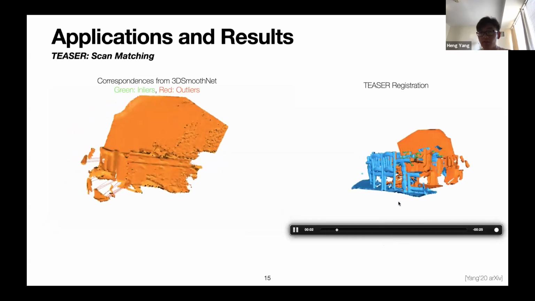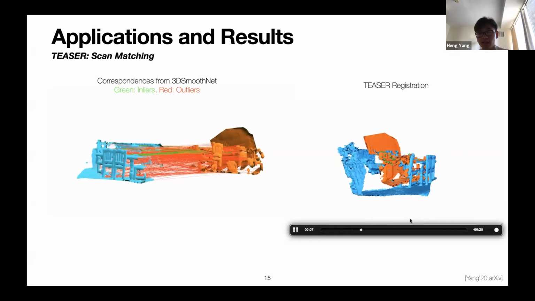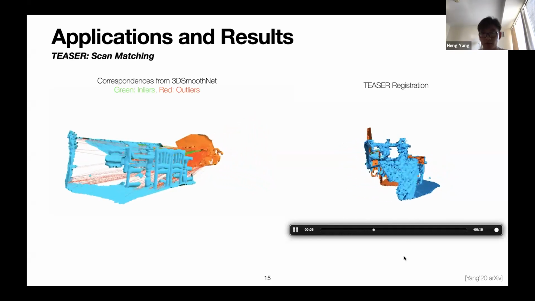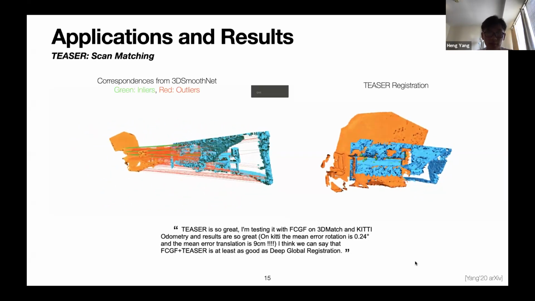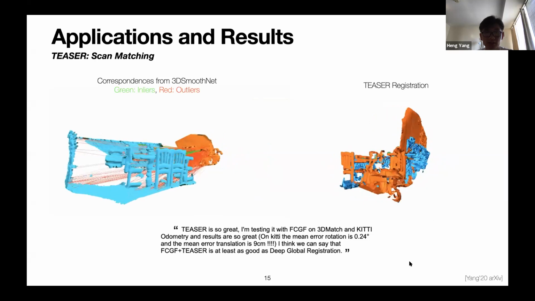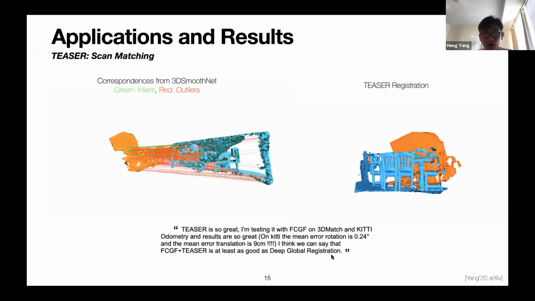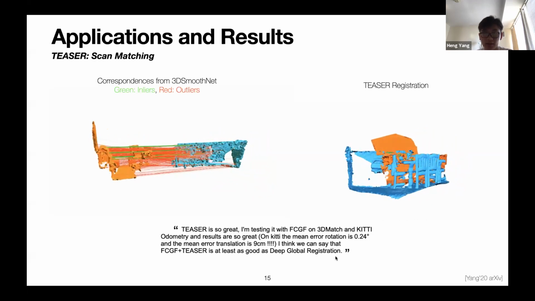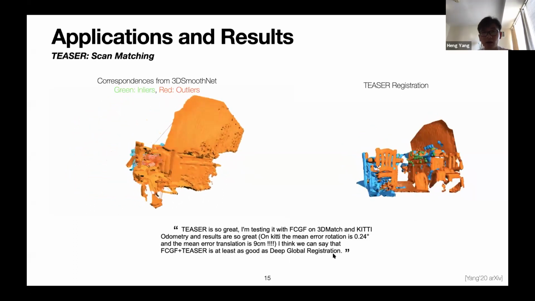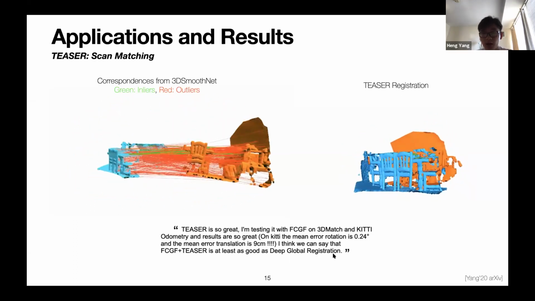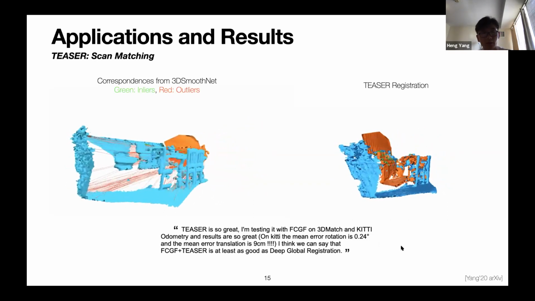It can give you a very accurate estimate, and it also will tell you this estimation is correct in the sense of global optimization. As I'm showing in a quote here by someone else running our algorithm, you see that although TEASER is a handcrafted algorithm without end-to-end learning, people comment that TEASER is really so great. It's at least as good as Deep Global Registration, which is a state-of-the-art deep learning pipeline that just came out at this year's CVPR. So we are really proud of this work.